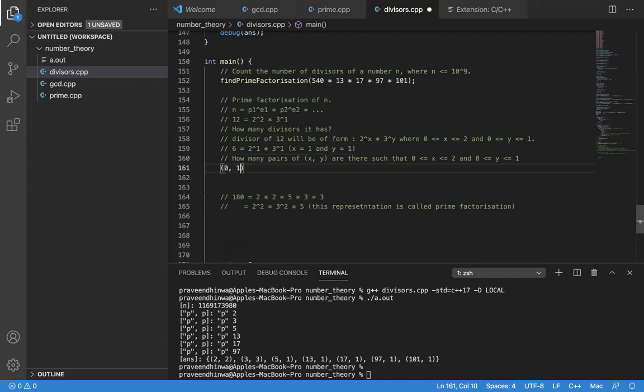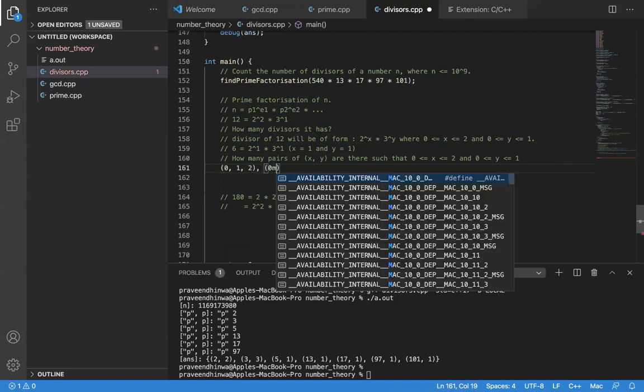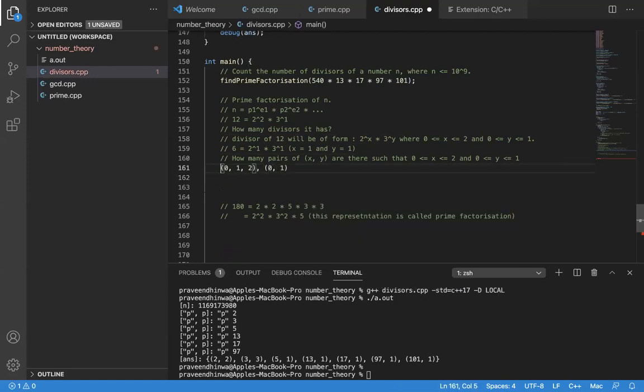X can take 3 values: 0, 1, 2. How many values can y take? 2 values: 0, 1. So how many pairs of x comma y can there be? 3 times 2. You can choose any one value of x from 0, 1, 2 and any value of y from 0, 1. So 3 times 2 is equal to 6. Is this part clear? How many pairs of x comma y are there with this condition?